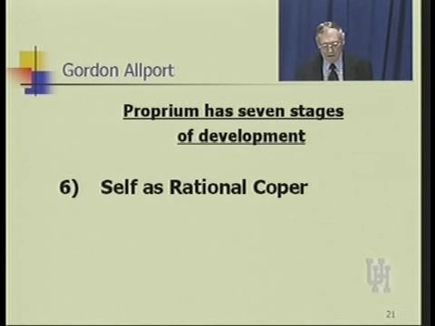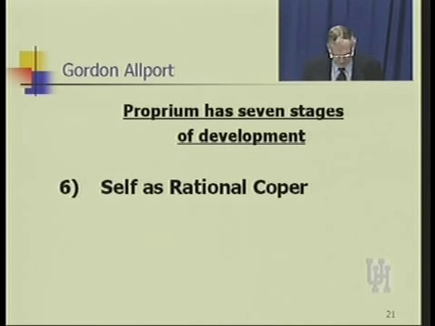And he said this is the stage where children begin to sense their rational powers. The earliest thing that happens when you experience your rational powers is you enjoy them. This is a pleasant discovery. And so Allport called this aspect of the proprium self as rational coper. And this is a term that will come up in other parts of his theory.